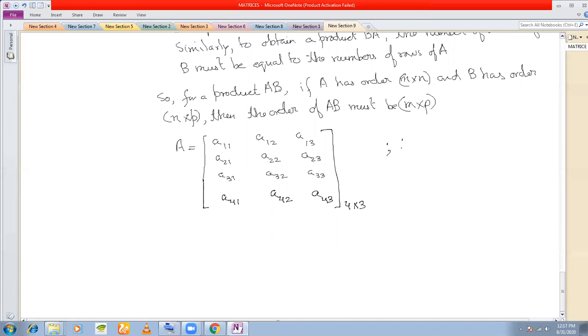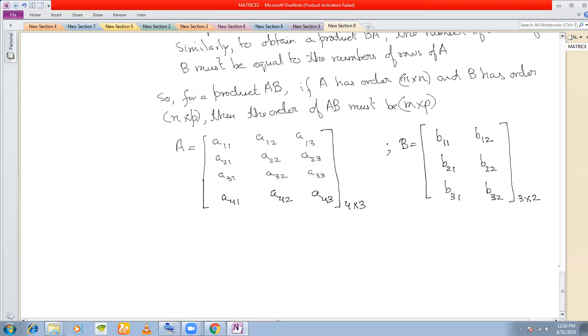And if I give you another matrix B, this matrix. What is the order of this matrix? There are 3 rows and 2 columns.